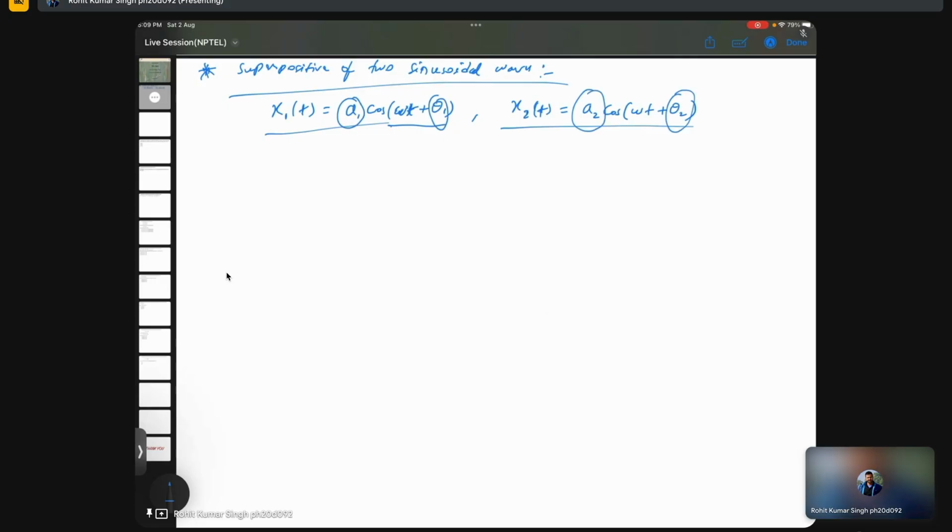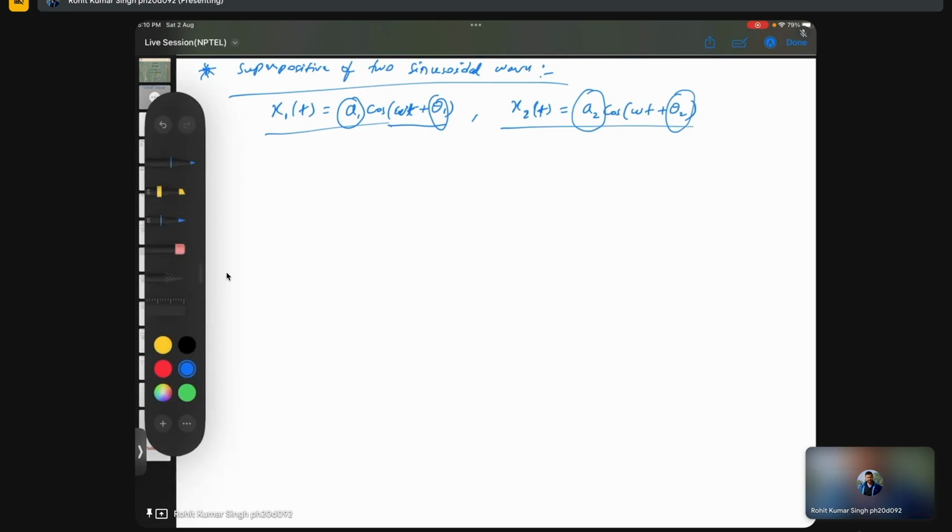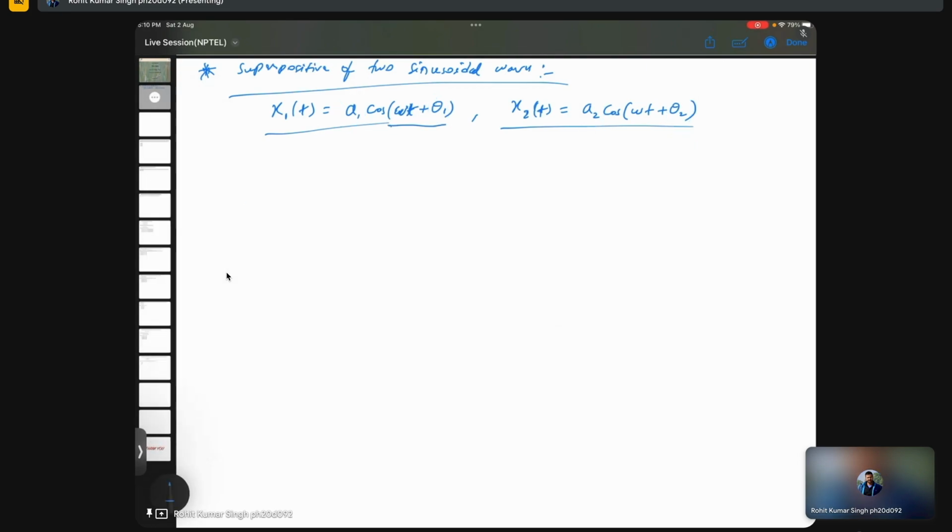If you would like to draw it, you will get something like this. It's a bad drawing, but this is your x1 at time t, and this is your amplitude a1.